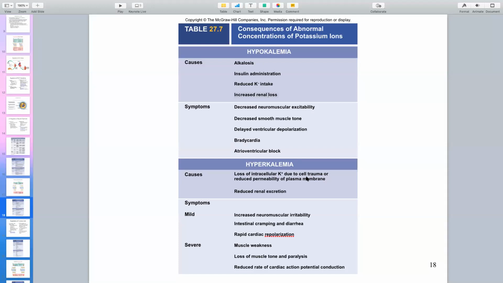As they get crushed, all the potassium that was inside leaks out, leading to hyperkalemia. And it leads to rapid cardiac repolarization, muscle weakness, loss of muscle tone and paralysis, reduced rate of cardiac action potential conduction, right? So yeah, it can cause death from that.